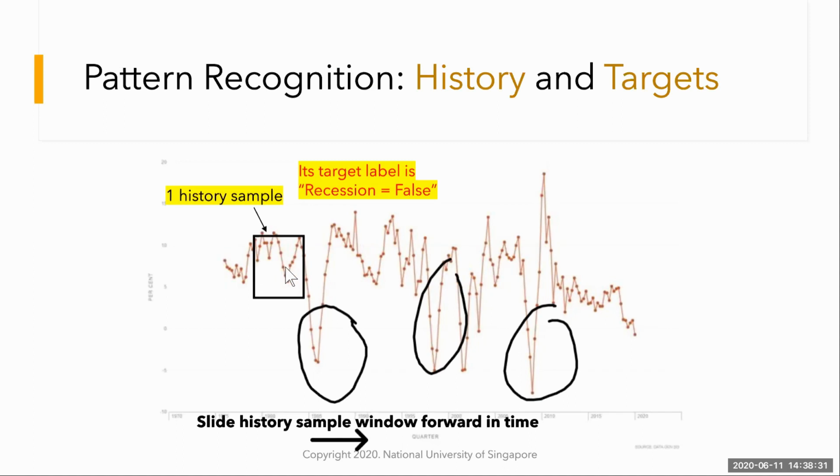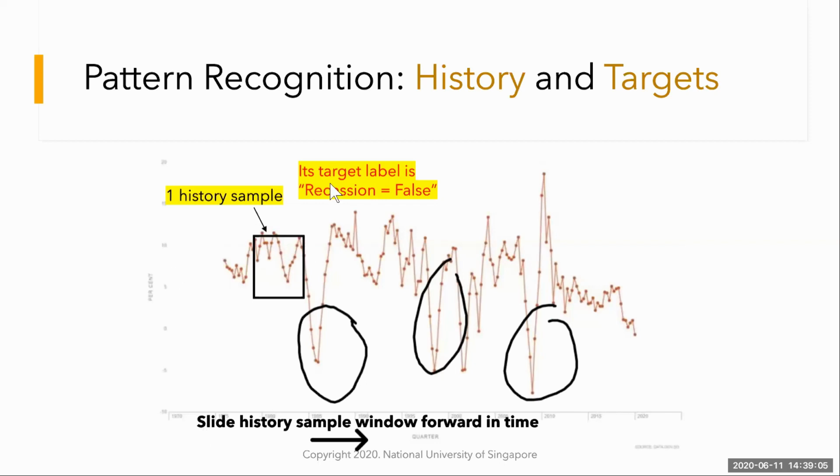Because my growth percentage is still above 0, I'm still growing in my GDP. Whenever we see GDP growth, the government is very happy, and they say, oh, GDP grew. So it's not a recession. But if I slide my window and it happens to land in this box right here, then I want my recession to be true. I will have an example later in the demo. But the key point is we still slide the same history sample window forward in time. Window size will be determined, but let's say we know what it is.